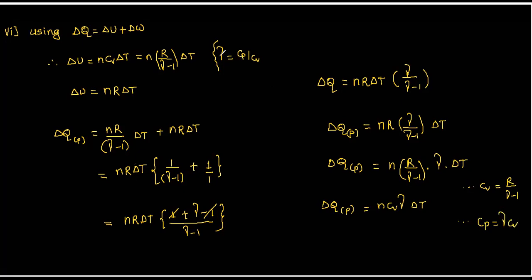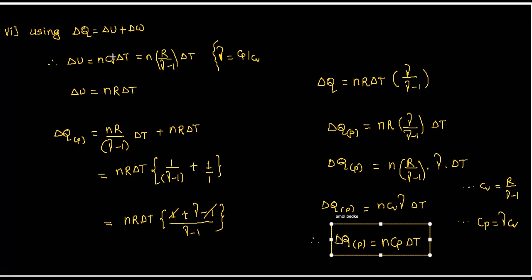See this expression: gamma is equal to Cp by Cv. So Cp is equal to gamma into Cv, and therefore delta Q at constant pressure is equal to n Cp delta T. This is your required expression for delta Q in the isobaric process, not isothermal, isobaric process.